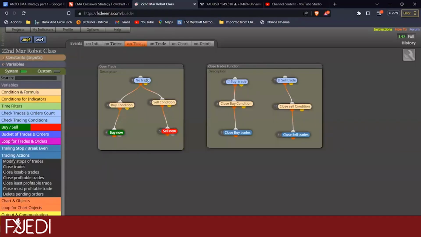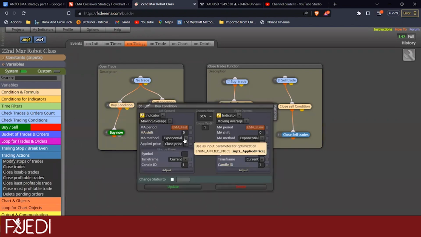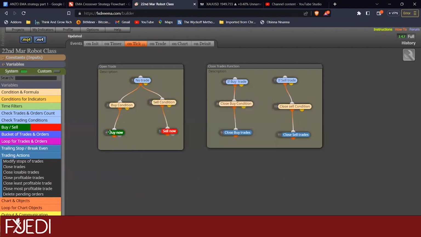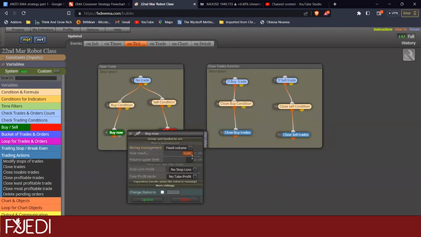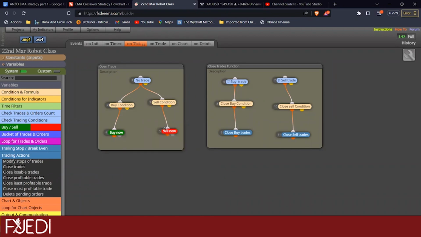So what we did is we say, if there are no trades, what's the condition for buying? Let me click on this. If there are no trades, if the fast crosses above the slow, okay, that looks good. What do we do? We execute a buy, no stop loss, no take profit.